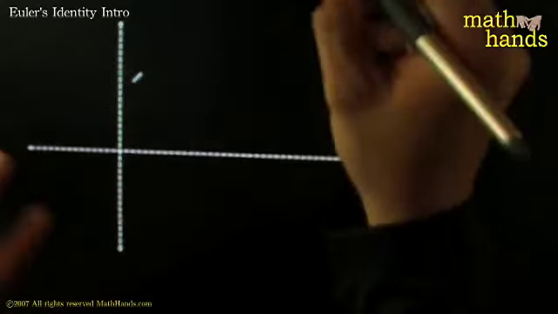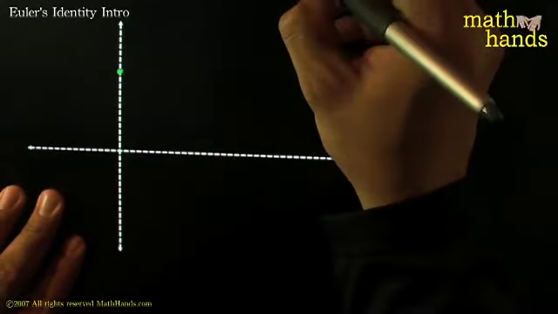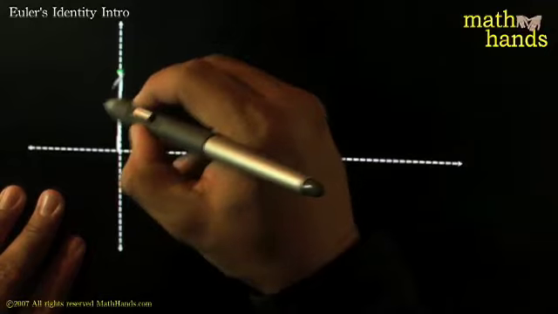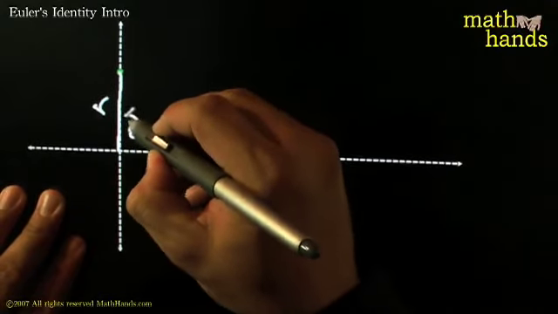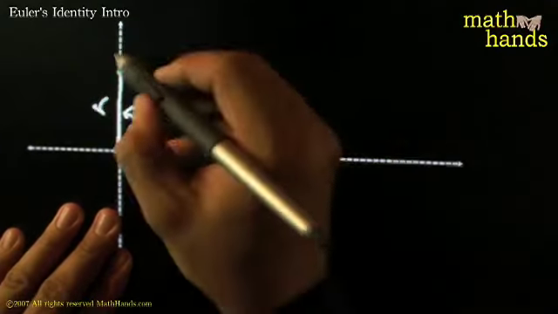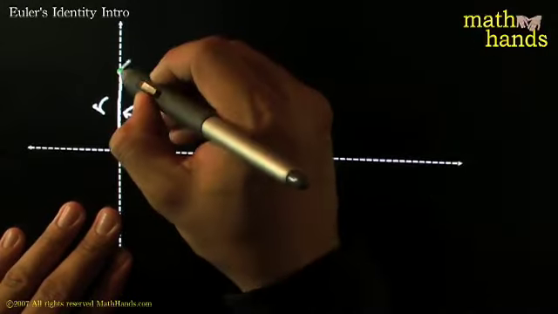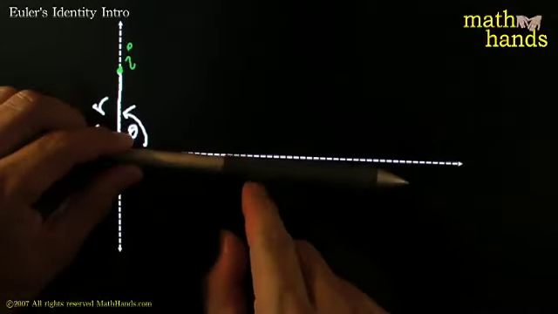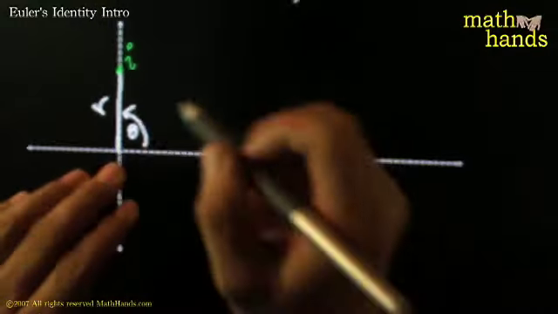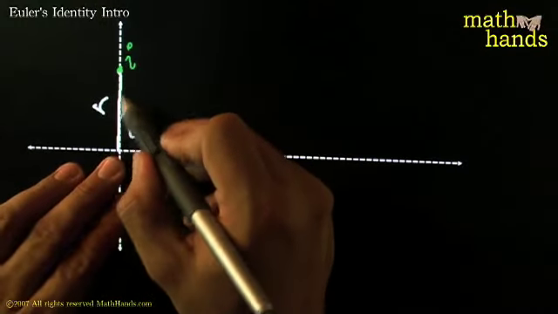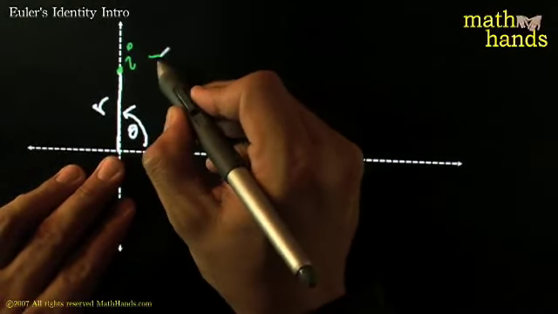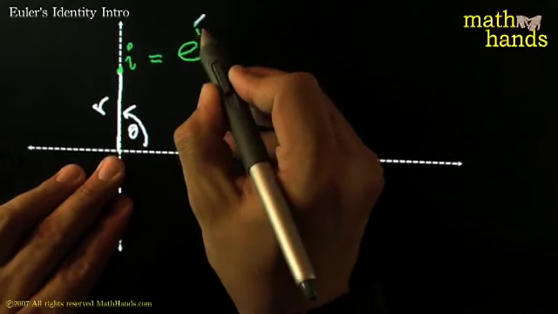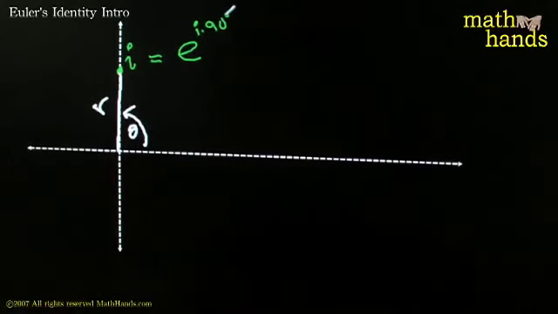As long as you can figure out your r and your theta, you can get the conversion. The theta is pretty easy because this is 0 degrees. That's 90 degrees. So theta is 90 degrees, and the r is 1. So this is the same thing as e to the i times 90 degrees.